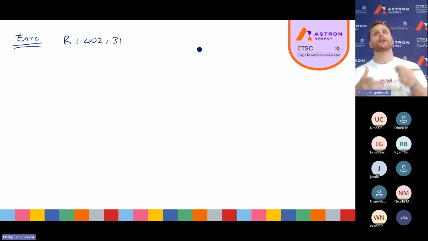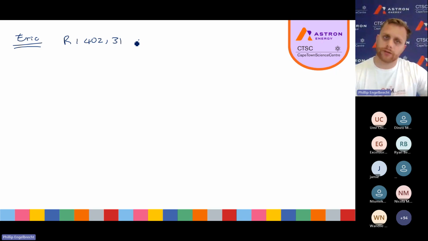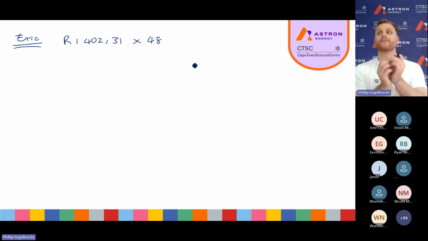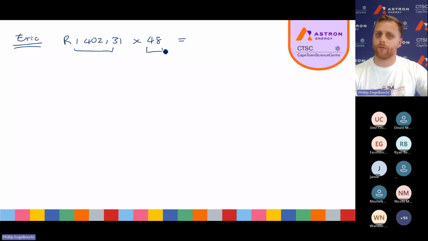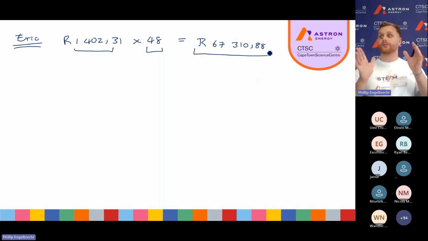How do I know that? It has told me that. So the total amount he paid over those few years is this amount multiplied by 48, and you get that the total amount he has paid is 67,310 Rand and 88 cents. So this is the total amount that Eric has paid in those 48 months.